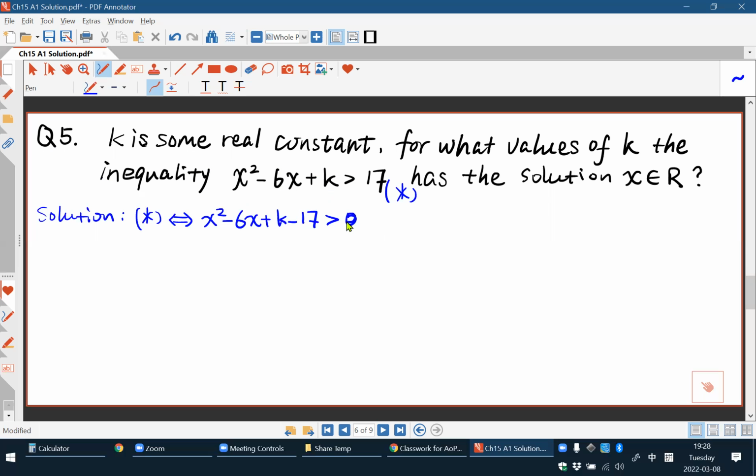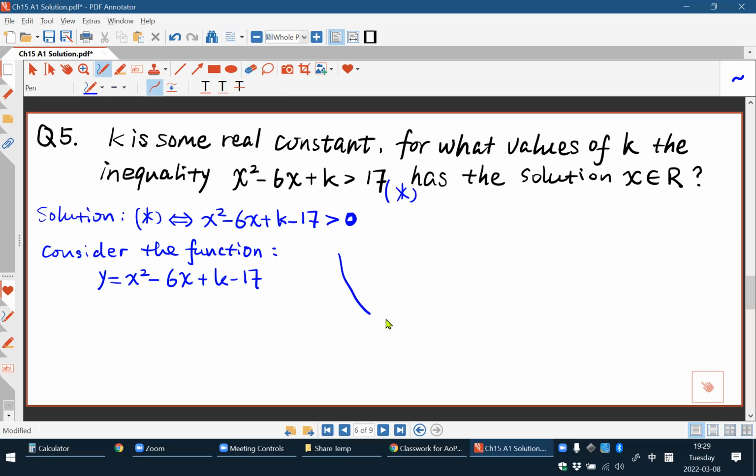Then apparently the left side now is a quadratic function. So let's consider the function on the left side, which is y equals x squared minus 6x plus k minus 17, right?